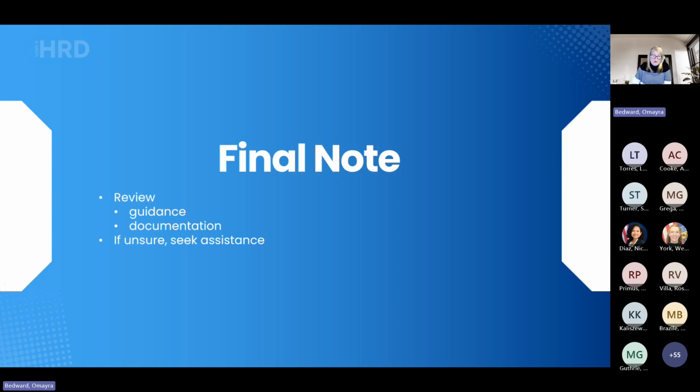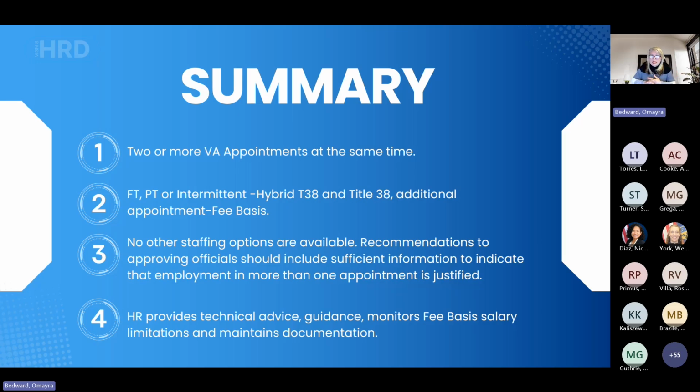In summary, we covered that 2 or more appointments at the VA at the same time can be done. If it's a full-time, part-time, or intermittent, it's a hybrid or Title 38. Appointments can have additional appointments, but they have to be a fee basis. We covered that no other staffing options are available.